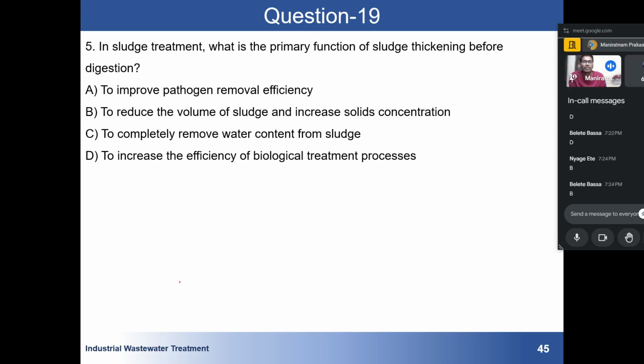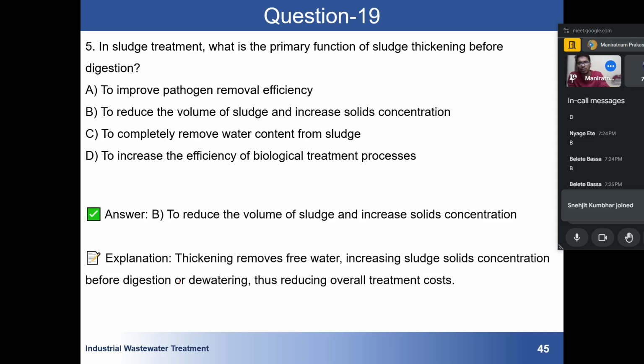Question number 19. In sludge treatment, what is the primary function of sludge thickening before digestion? B. To reduce the volume of sludge and increase the solid concentration.